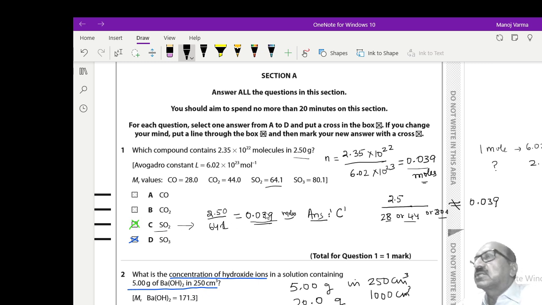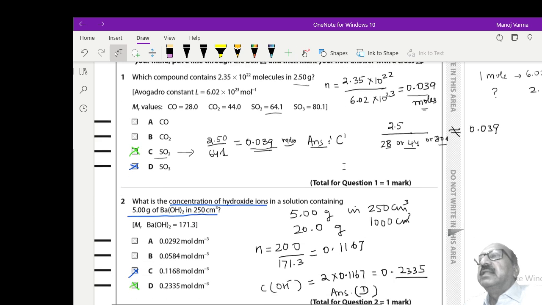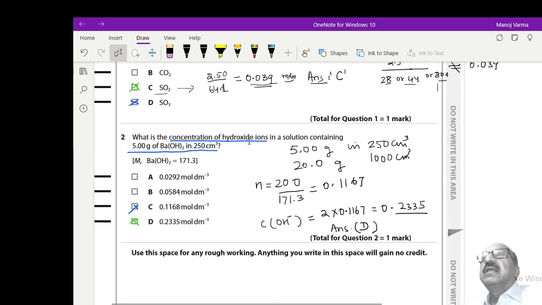Hope you followed this. So now let's go on to the next question, which says, what is the concentration of hydroxide ions in a solution containing 5 gram of barium hydroxide in 250 centimeter cube, and the MR of barium hydroxide is 171.3.